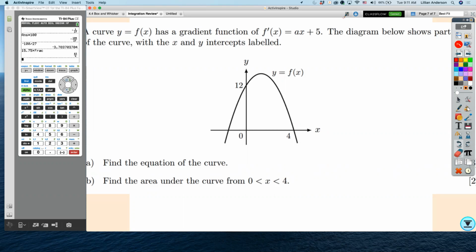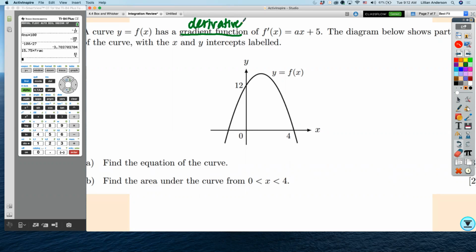The word gradient with function means the derivative. So those two words together mean the derivative. So essentially what they're telling you is that you have the derivative, which is ax plus 5. You have to find the equation of the curve. So they want the original function.